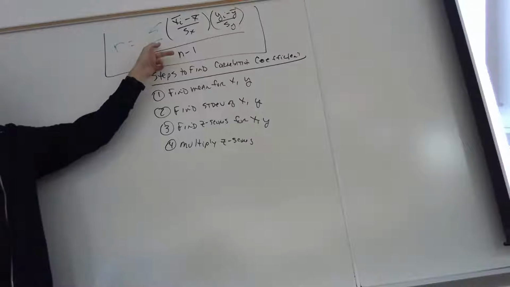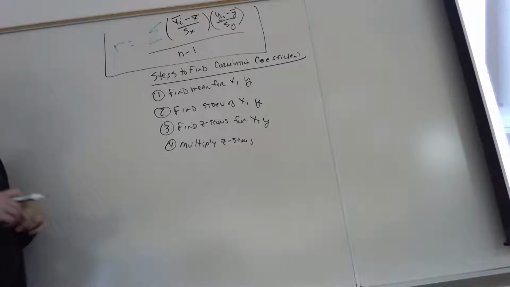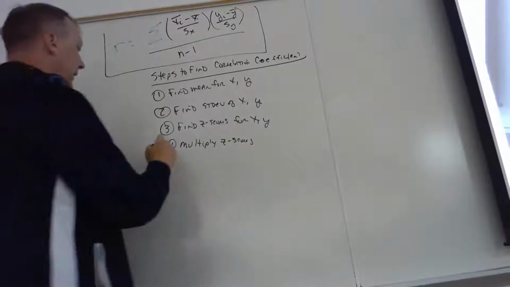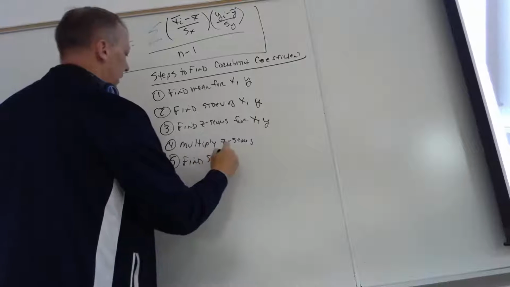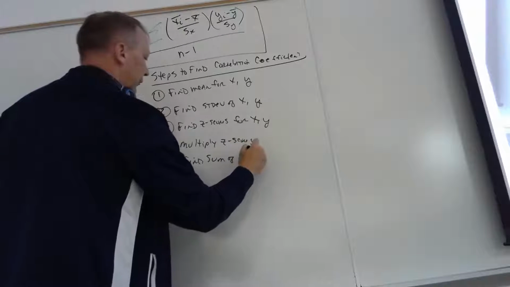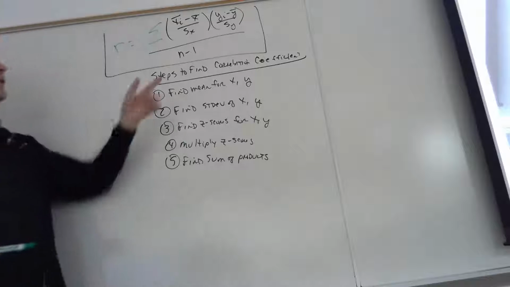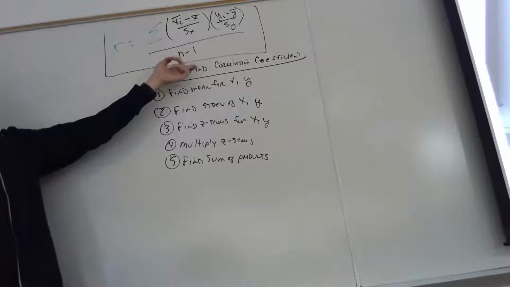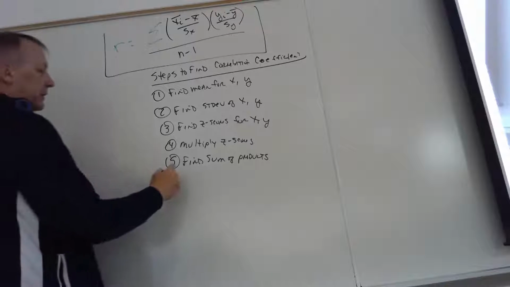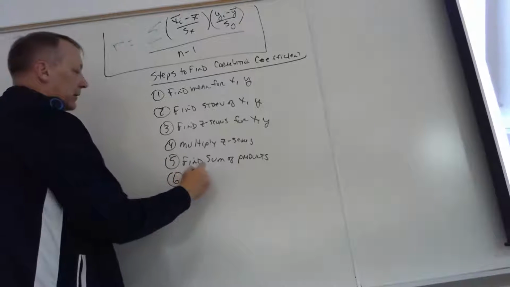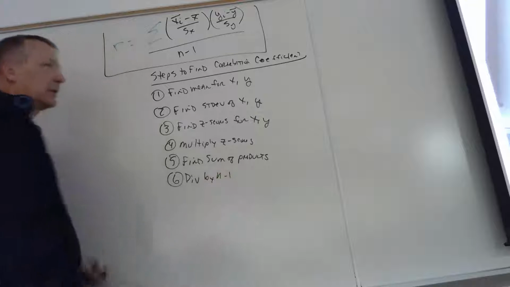What does this mean? Find the sum of the products. And finally, what does it tell you to do last? So number 6, divide by n minus 1.